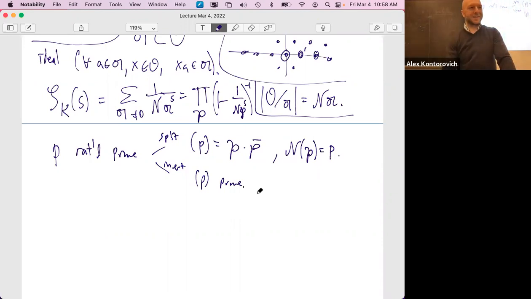Then you say we can decompose that, and you should be able to apply the norm on both sides. The norm of this is p squared, and so the norms of each of these must be p. Okay, that's what you're saying. So the norms of each of these are p, but the norm of the inert ones is p squared. The norm of the ideal generated by p is p squared.